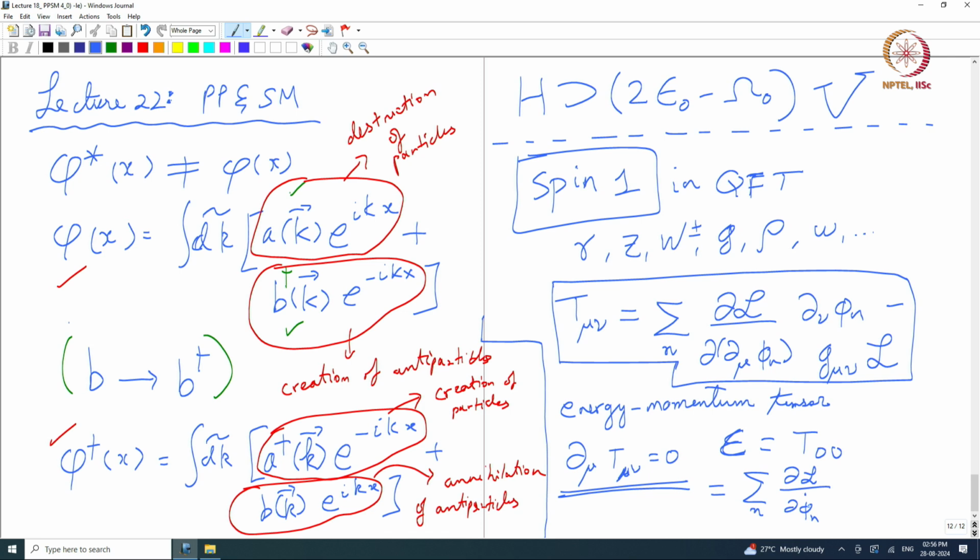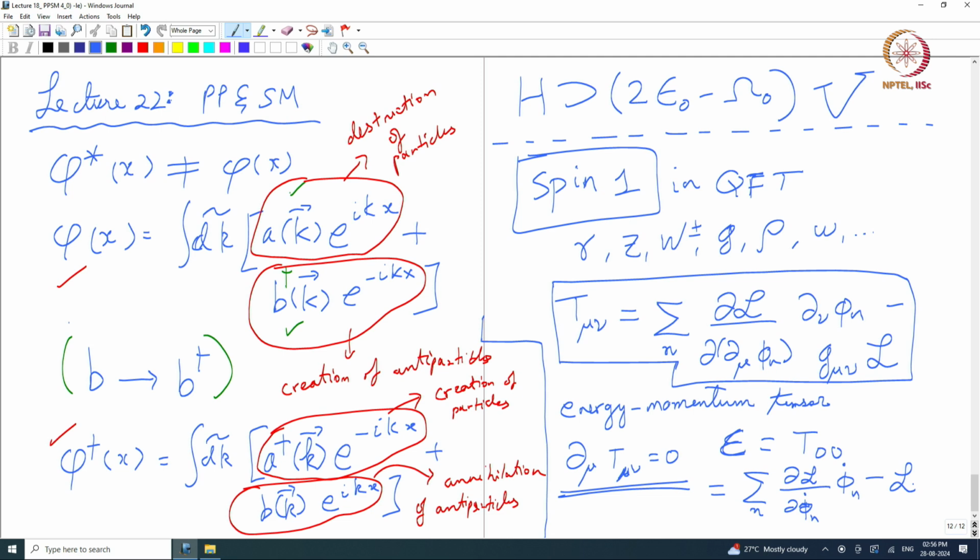I am just writing this down for a configuration of many kinds of fields, many different fields. So phi 1, phi 2 and so on. It is not some space time index or anything, it just labels the different fields in the problem. So we have been working with n equal to 1 basically, only one kind of field in the problem, okay. So that is my energy density.